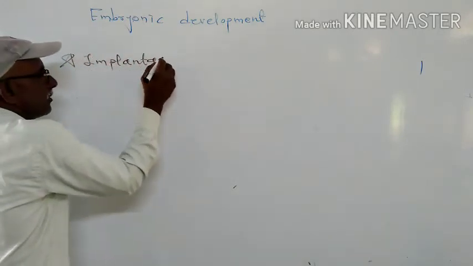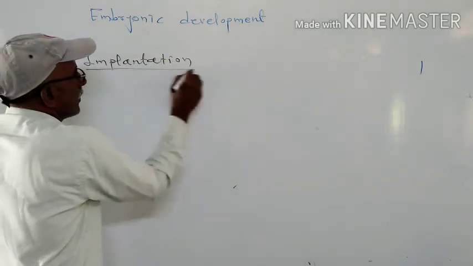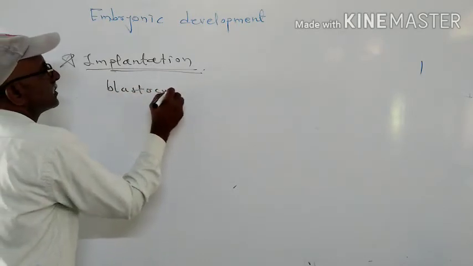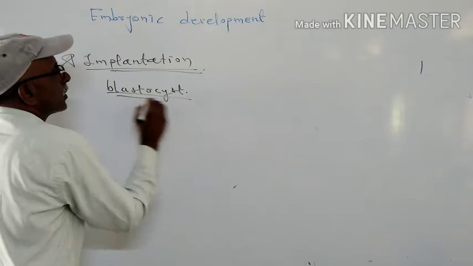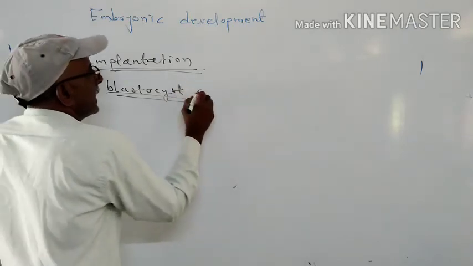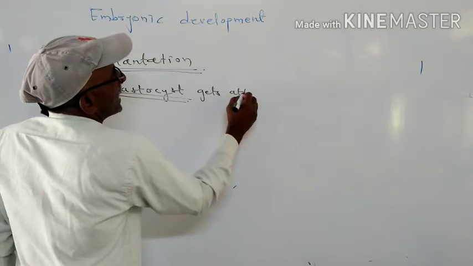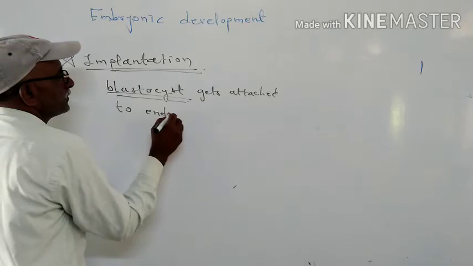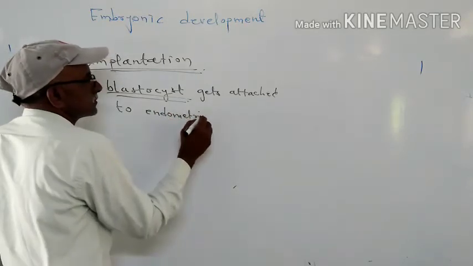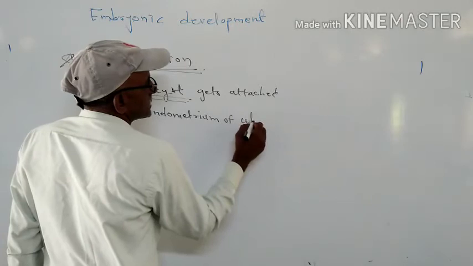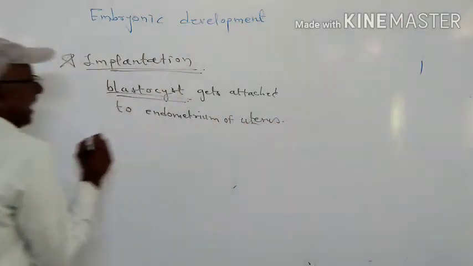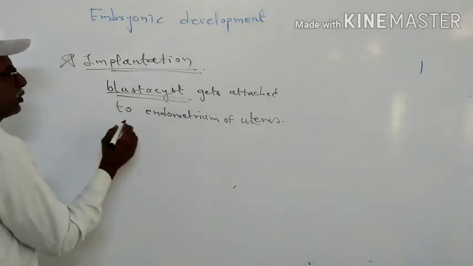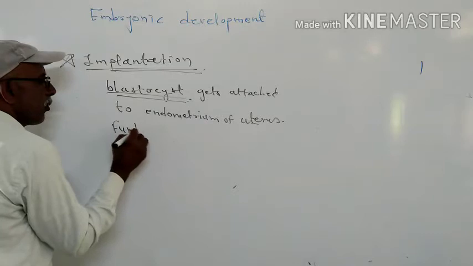There is the blastocyst, which gets attached to the endometrium of the uterus, and it is attached at the fundus point.